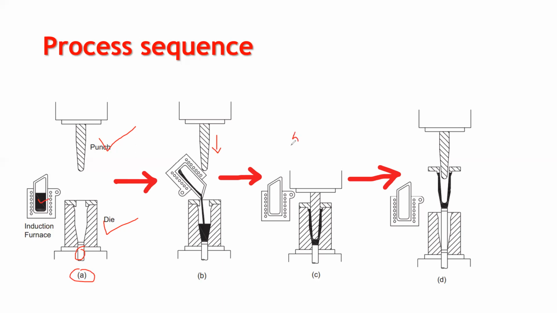Here, 50 to 140 megapascal pressure is applied during the solidification process, and this pressure is continued till the solidification is done. Once the solidification is completed, the punch is retracted back to its original position, and with the help of the ejector pin, the solidified component is taken out. So this is the process sequence of the squeeze casting process.